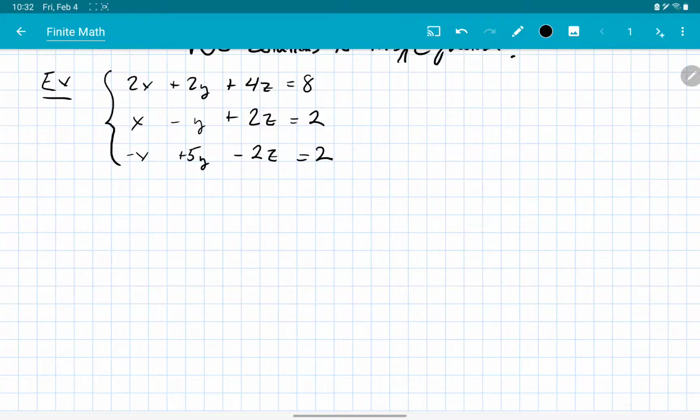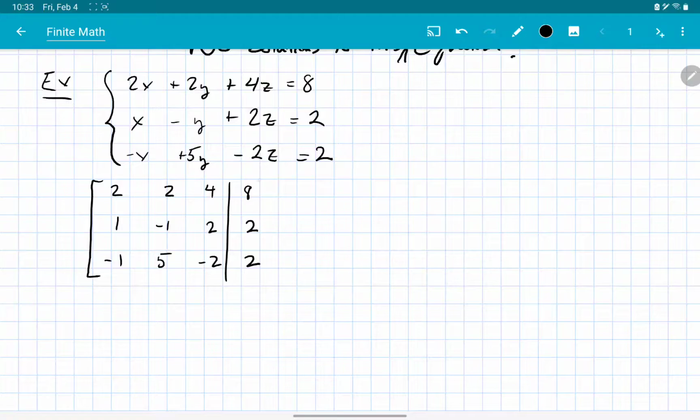So from the beginning, this appears to be similar to what we had in the previous one. And of course, to see what happens, we have to start doing this Gauss-Jordan elimination. So let's turn it into matrix form. 2, 2, 4, 8, 1, negative 1, 2, 2, negative 1, 5, negative 2, 2.